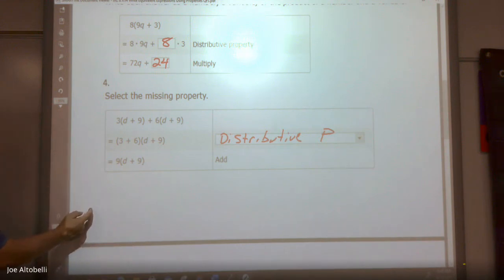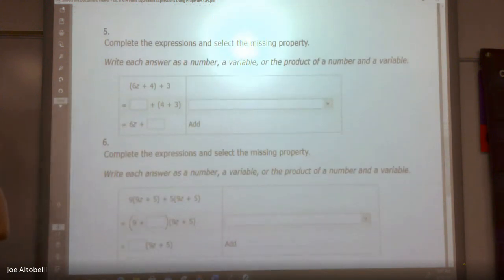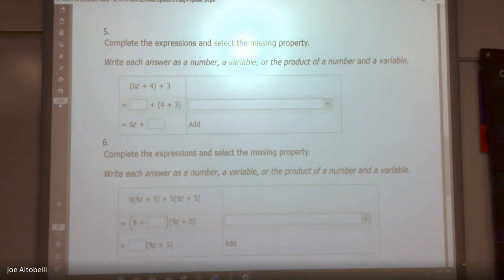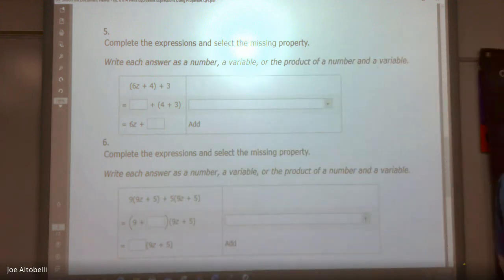All right, number 5. Again, hopefully you can read mine. You might not be able to read yours. Use the clues of the information that you can read there.